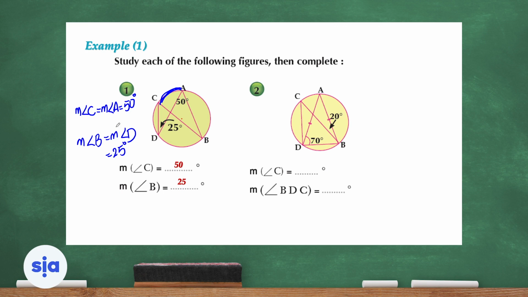Okay, let's go to question number 2. As you can see, it's given on the shape that AB is equal to AD.